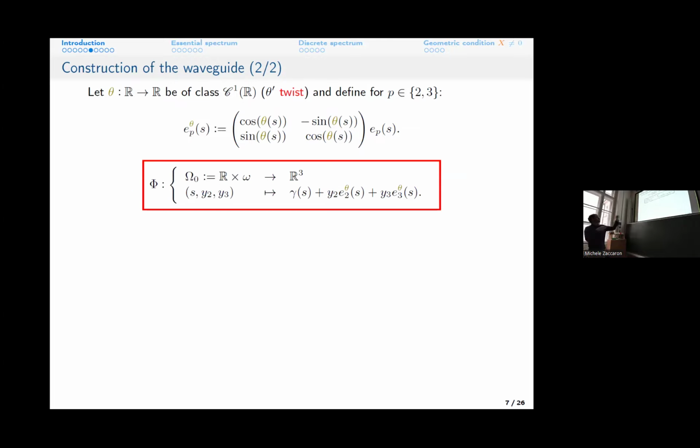Now, bending and twisting waveguide by means of this other map, capital phi, is the same as the one I showed you before, only that now I implement E2 theta, E3 theta, the rotated vectors, and so I can produce some twists.